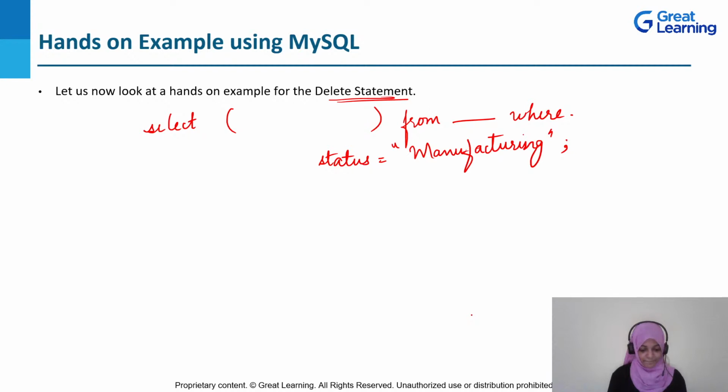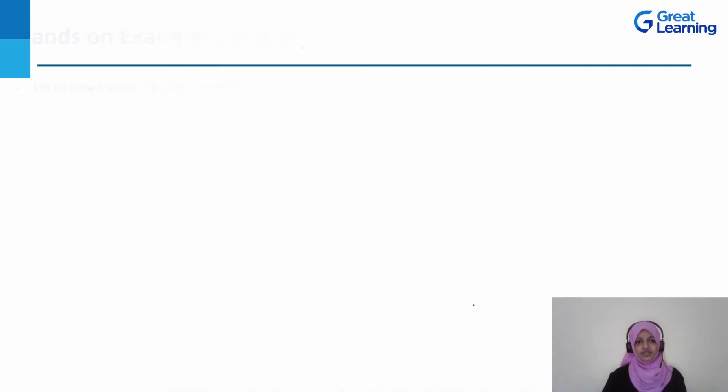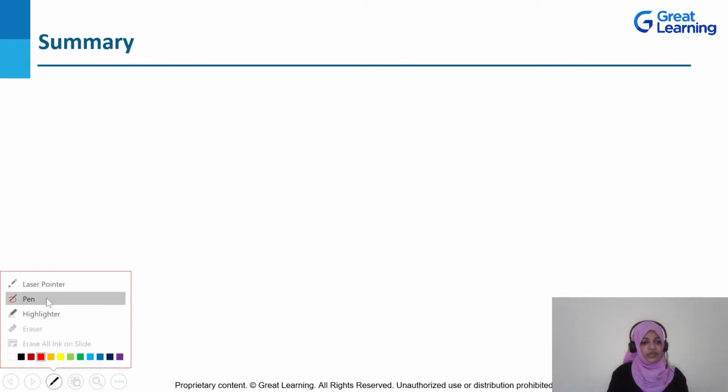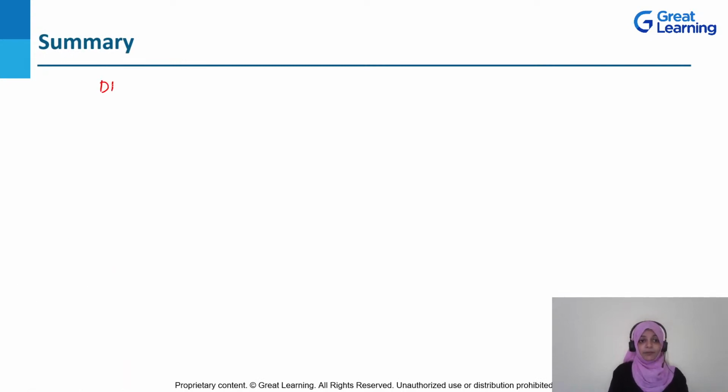Okay. Fine then. So if no one has any other doubts, let us just quickly take a quick summary of the whole session that we've gone through. So we saw initially what the DML statements were, what were the different types of DML statements, and what was the difference between the DML statement and the DDL statement.